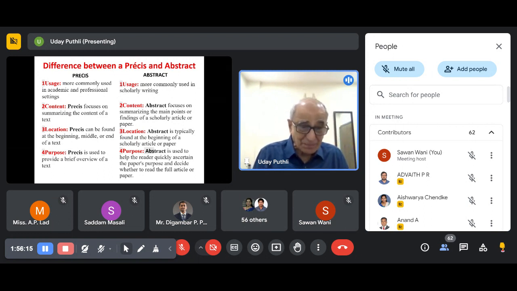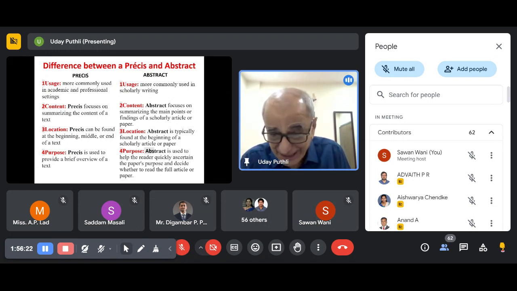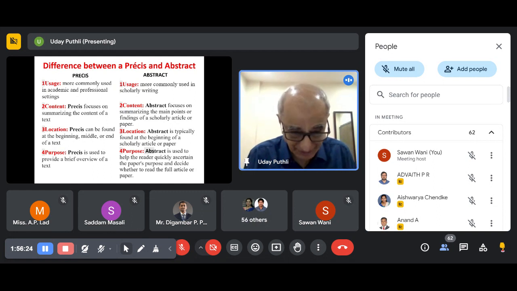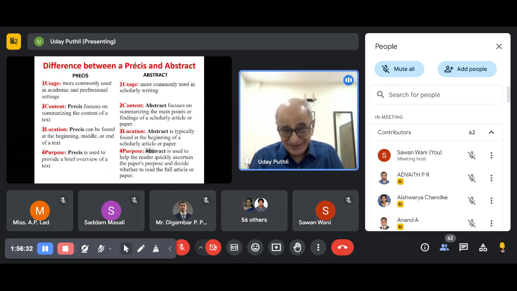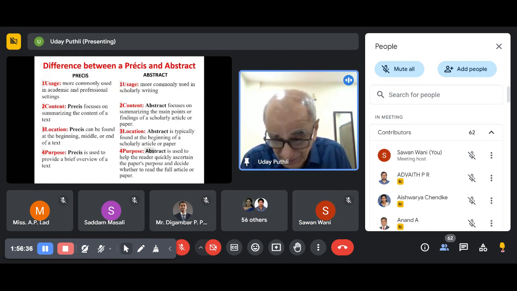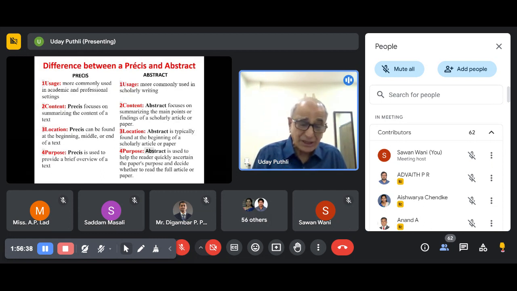A précis can be found in the beginning, middle, or end of a text, whereas an abstract is typically found at the beginning of a scholarly article or paper. A précis is used to provide a brief overview of the text, whereas an abstract is used to help the reader quickly ascertain the paper's purpose and decide whether to read the full article or paper.